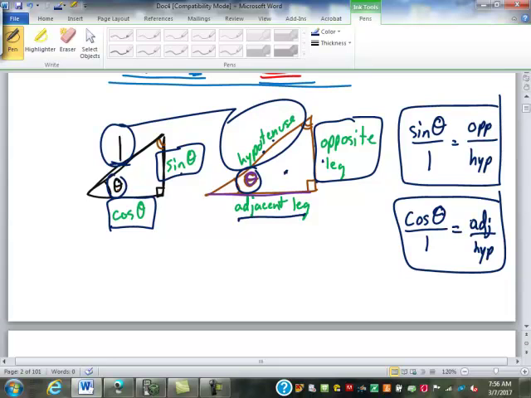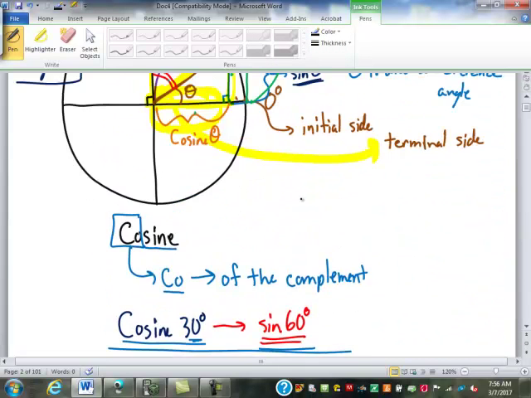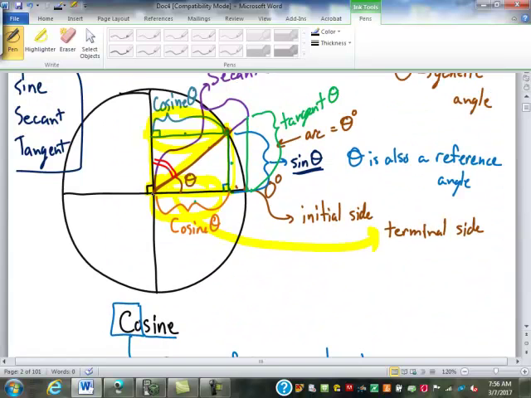We haven't identified tangent yet, because tangent comes from a different triangle. Tangent comes from this bigger triangle here. So let's pull this one out. Now looking at that triangle, one of the sides of this triangle is still equal to the radius of the circle.